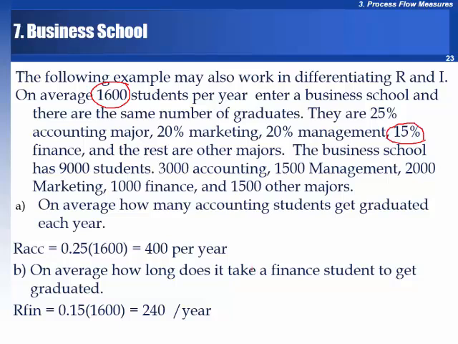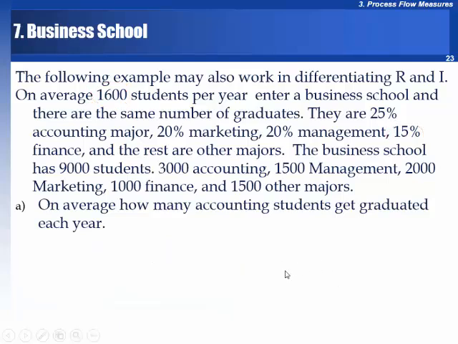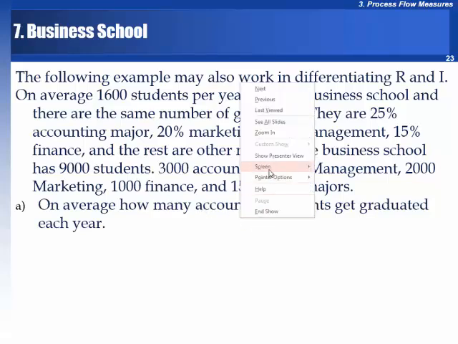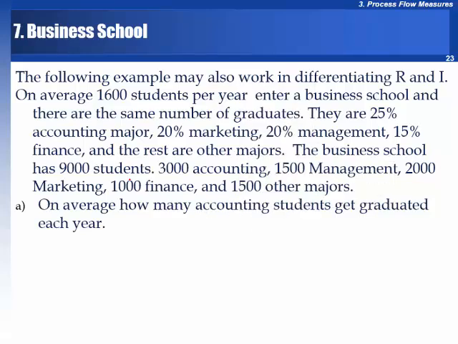On average, how long does it take a student in this college to graduate? So I need to find the overall inventory in this college, and that is 9,000. I don't need to even compute it, right? And then 1,600 students per year coming, correct? Therefore, this one is throughput, correct? And this one is inventory, correct?